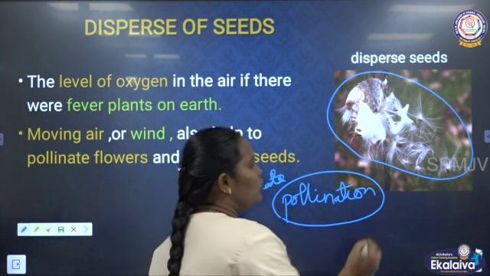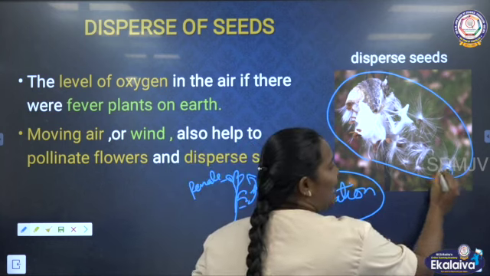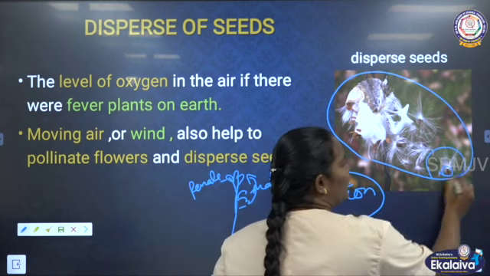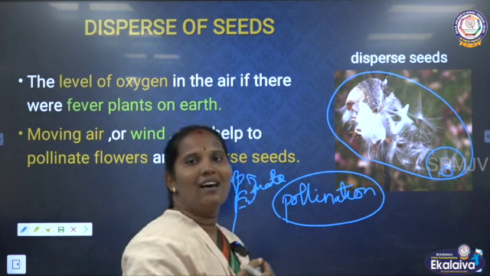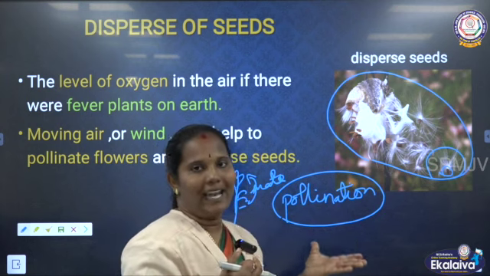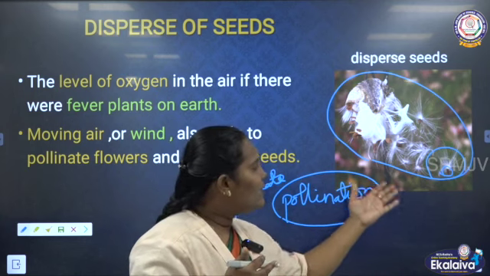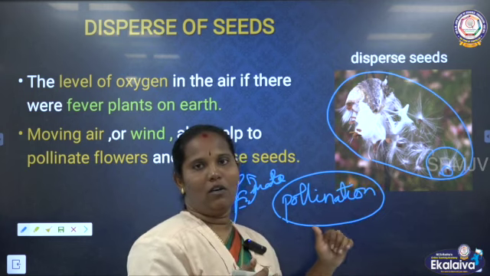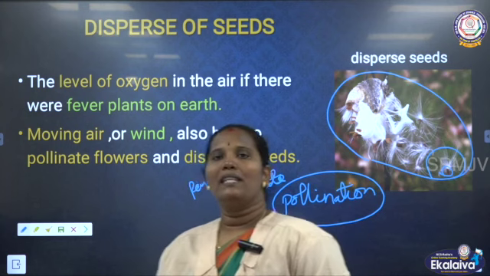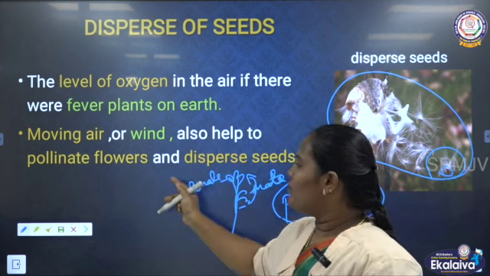Actually, the small black color is the seed. Apart from this, there is the small hair-like structure they use to fly in the sky. They are very lightweight. They help the seeds fly in the sky. Okay, this is the wind pollination. This pollination happens with the help of the air.